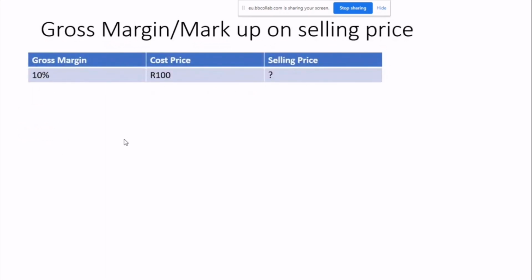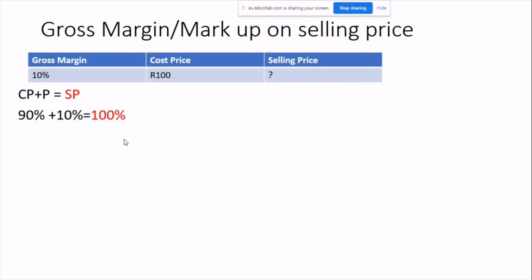Okay. Now the required is we need to calculate the selling price. We are given the cost price of 100 Rand, and we are also given the gross margin, or the markup on selling price, at 10%. Still the same formula, guys. CP plus P equals SP. All right. Now, remember I said you must make a note that when you're dealing with markup on selling price, your selling price is 100%.